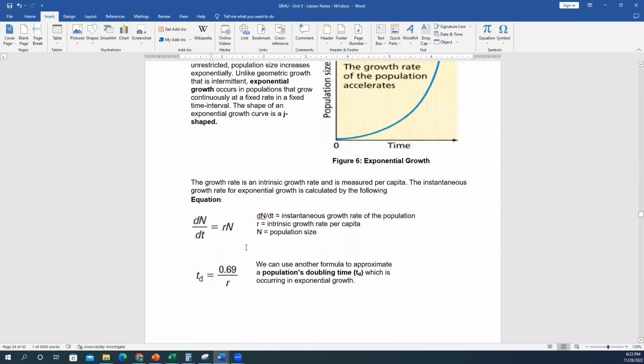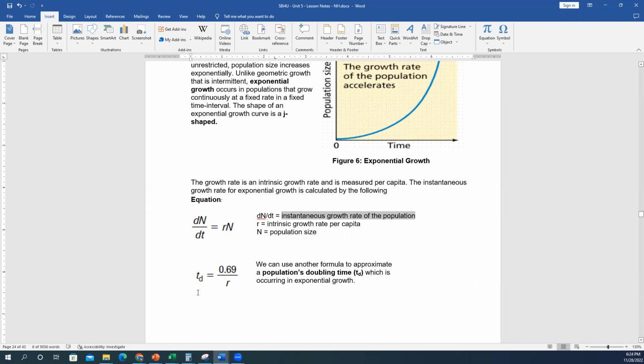In this case, the growth rate is measured as an intrinsic growth rate per capita. And you have the instantaneous growth rate for exponential growth calculated using this equation: dN over dt is equal to r times N, where dN over dt is the instantaneous growth rate of the population at any given time, at any given instant. r is the intrinsic growth rate per capita, and N is the population size.